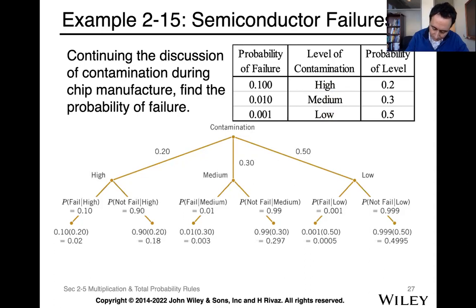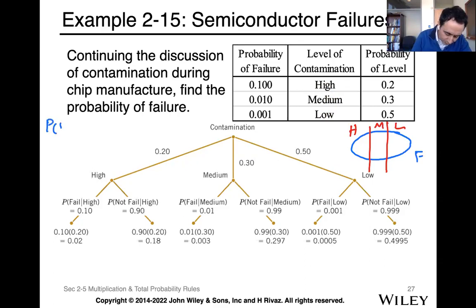So I say failure can happen either because I have high contamination or medium contamination or low contamination, right? So I basically have to add up these probabilities. So let's calculate one of them, for example, this one, high. The probability of failure intersection high, I use the multiplication rule: probability of failure given high times probability of high.